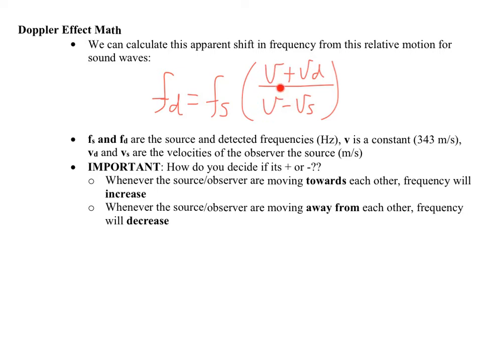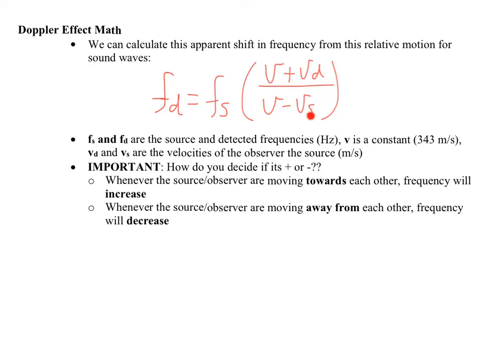This plain V right here is the speed of sound, and that's going to be 343 meters per second. You might sometimes see a problem give you the speed of sound as 340 meters per second, but it will tell you what to use for speed of sound. So this 343 meters per second goes here and here. This is the speed of the detector or the observer, so that's whatever's hearing the noise.